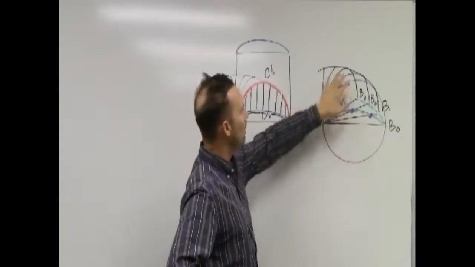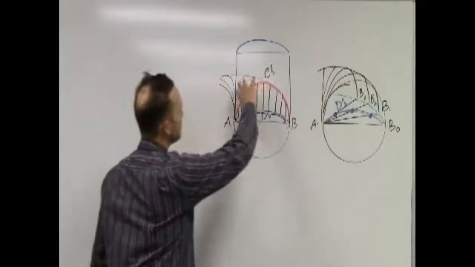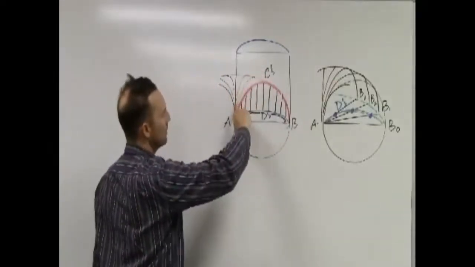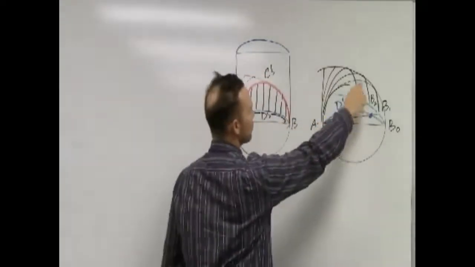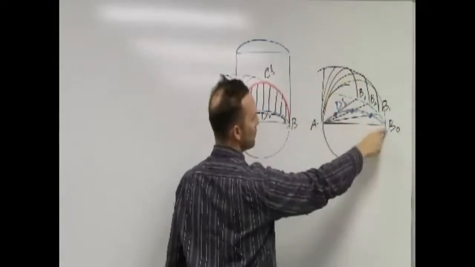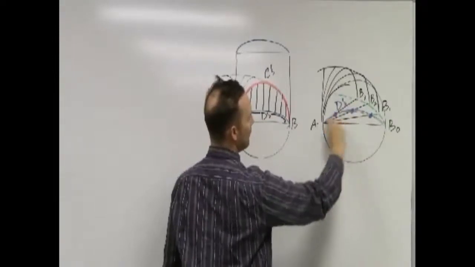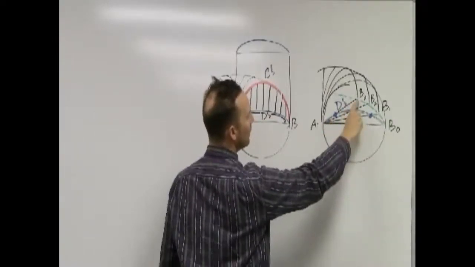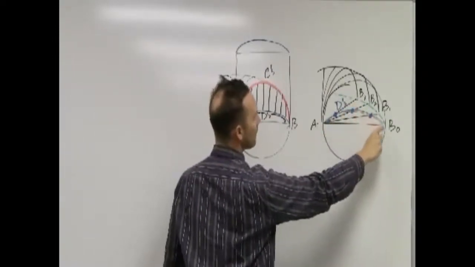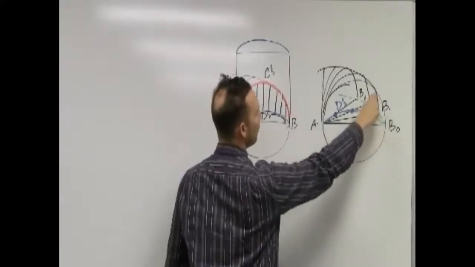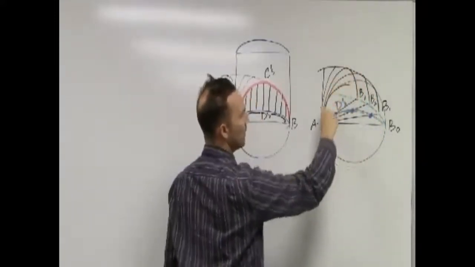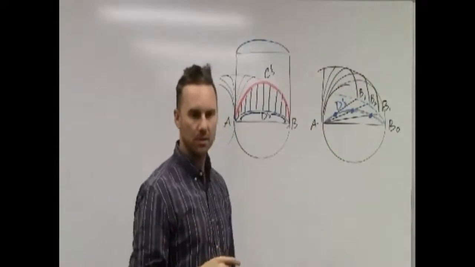And then we said, all of our C's are on top of the torus, because that's the nature of these circles. Each of these circles has a specific B, which is along the diameter from A. Along the top of each of these circles would be all the possible C's.